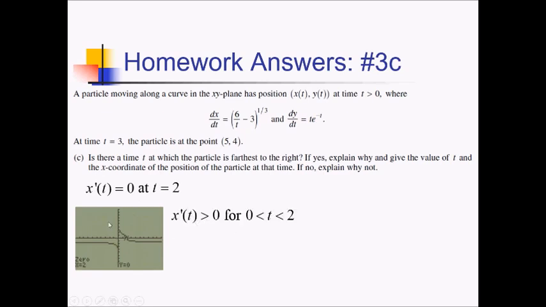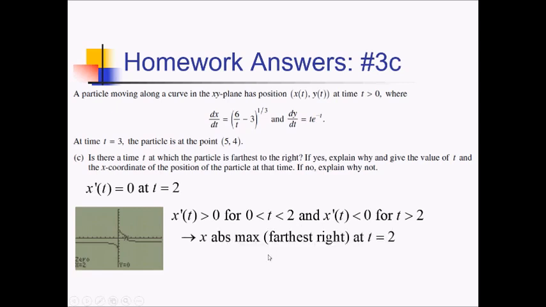So basically, we're increasing the x value until we get to 2, and x prime of t is negative after that, so for t greater than 2, therefore, our max value occurs at t equals 2. X is at an absolute max value, which means we're furthest to the right. And that means essentially that, yes, there is a furthest to the right point in time, which answers their question.